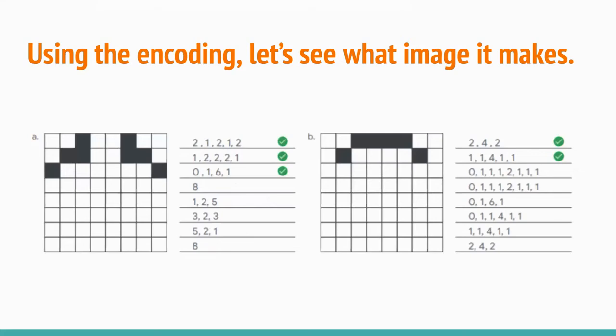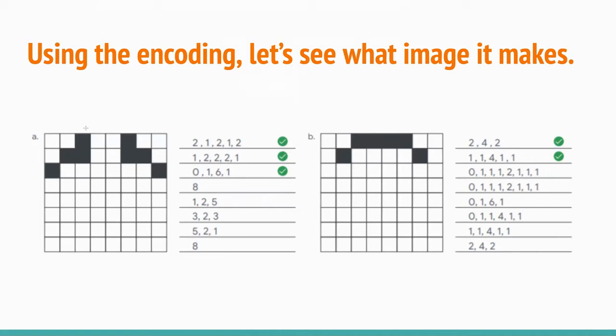So let's do these first 2 together to see what images it creates. So the first couple rows have been done for us. We're always going to start with white. So that's going to be the first color. So the first number will tell us how many of those colored squares we need. So we need 2 white ones.